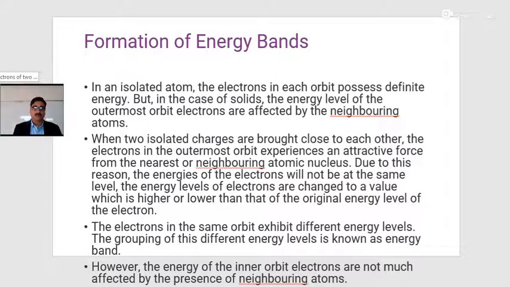So for the given semiconductor crystal, all atoms are collected in a group. So energy lines will become energy band.